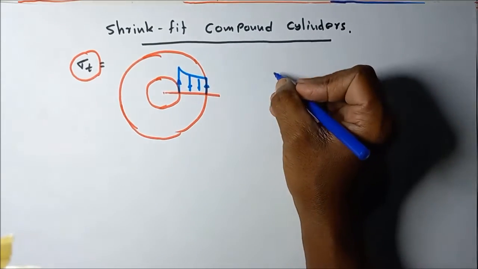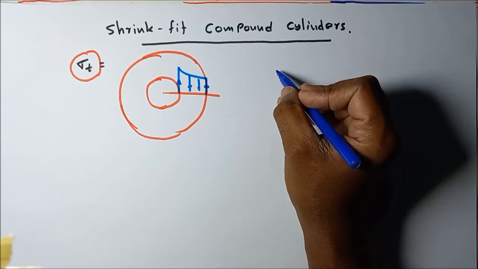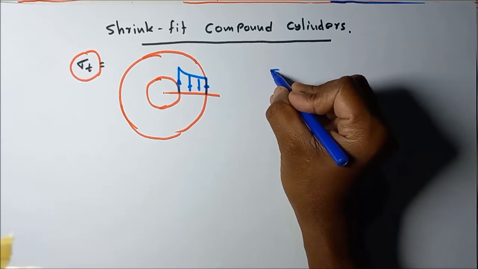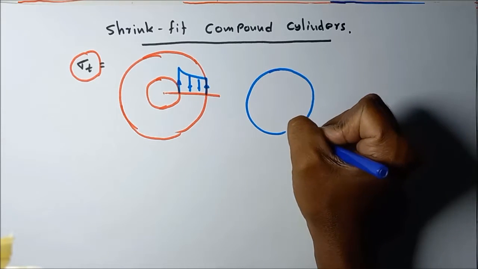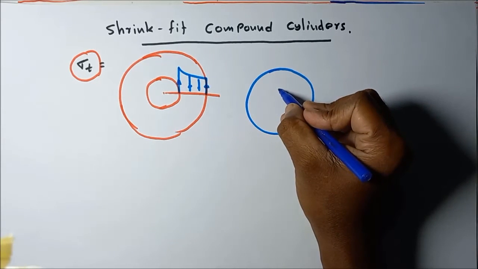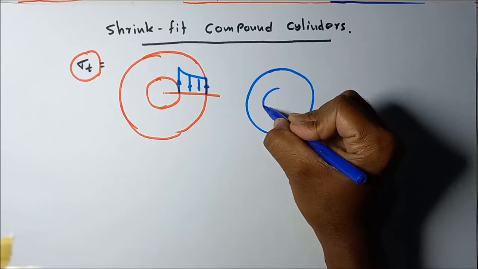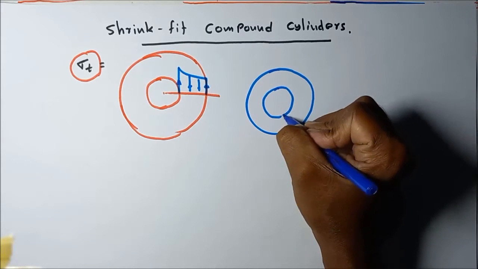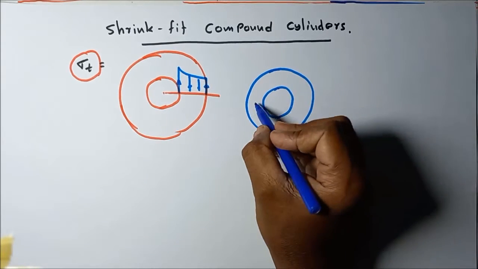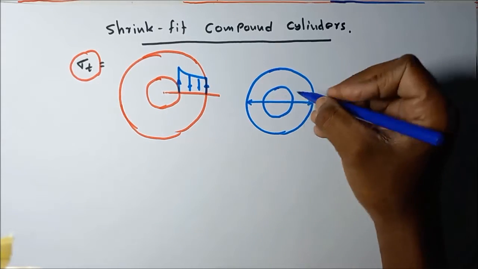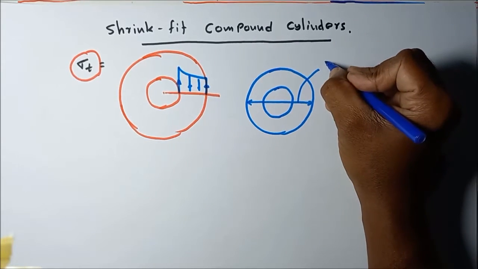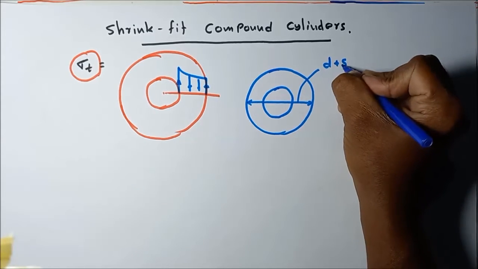For example, let's take this as the inner cylinder we are going to strengthen. Let's take this as the cylinder's outer diameter, which is equal to d plus delta.